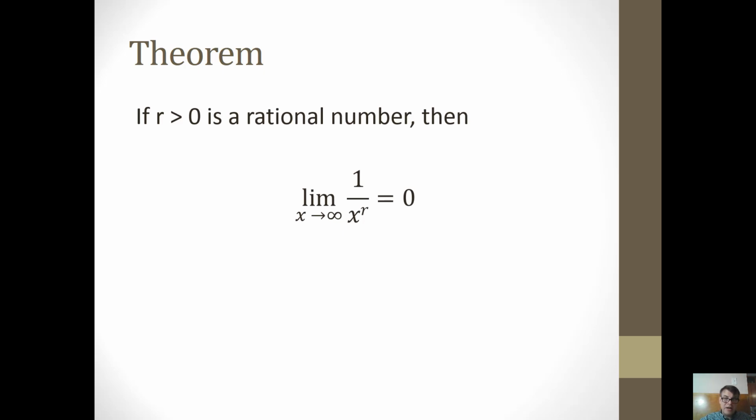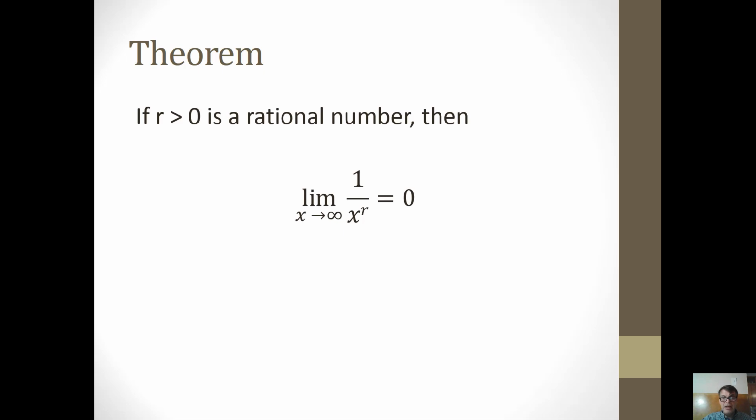This makes sense because the bigger the bottom part gets, the smaller and smaller 1 over that number gets. And so you have 1 over 10, 1 over 100, 1 over 1,000, 1 over a million, 1 over a quadrillion, 1 over a septillion, and 1 over a googol. The bigger you get, the smaller this gets.